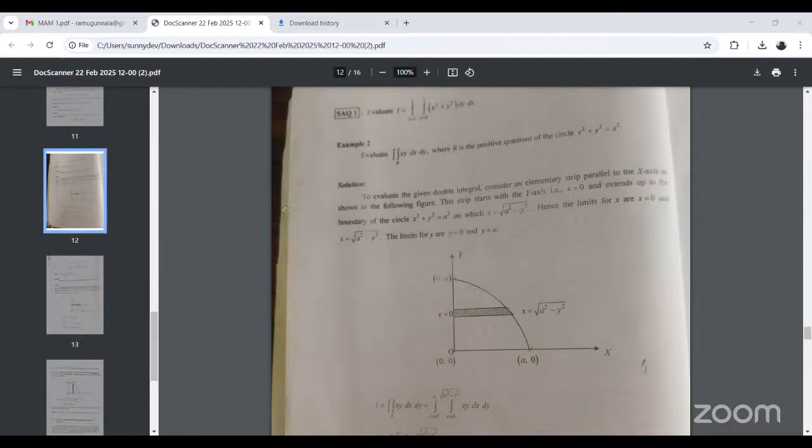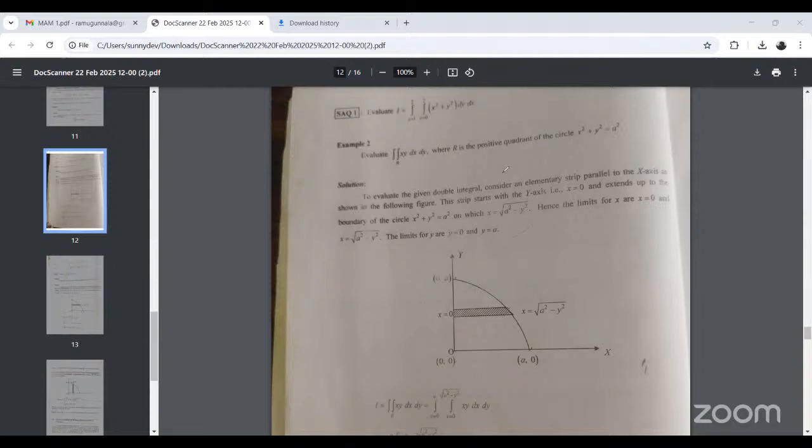See, evaluate xy dx dy, where R is the positive quadrant of the circle x square plus y square equal to a square.